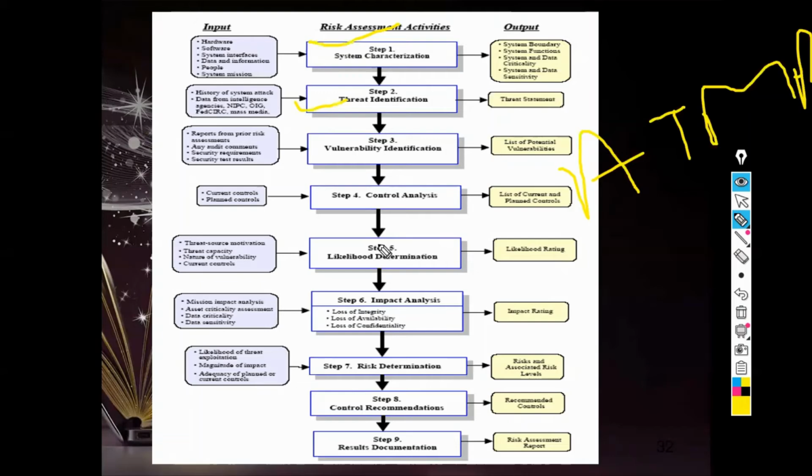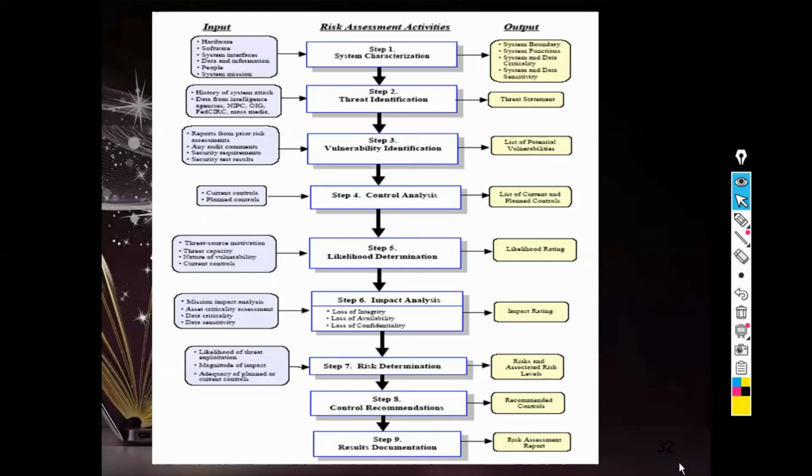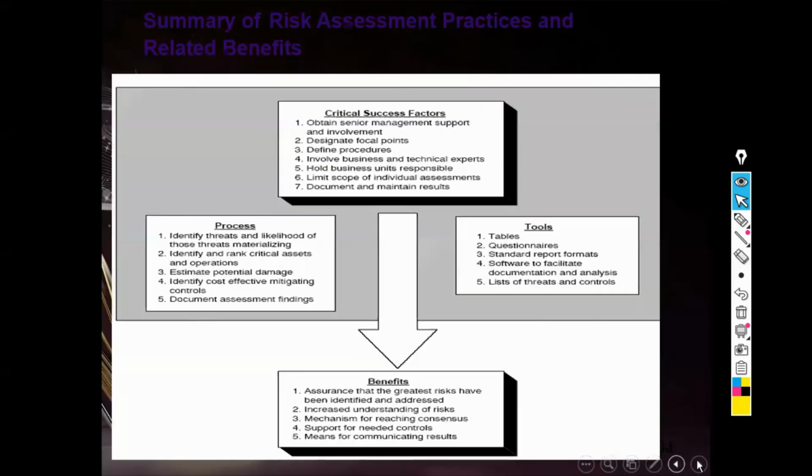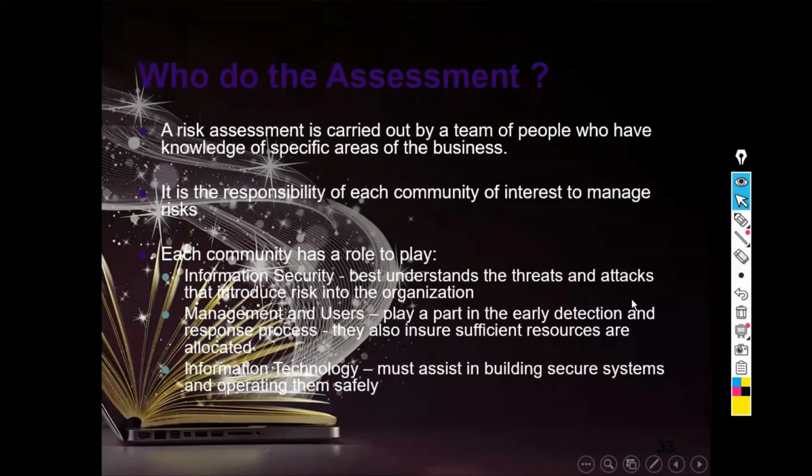Then we need to go for likelihood or impact, then risk determination, then control, and we will document the result. So this would be the total or overall risk assessment activity. Now, the major question is: who would do the risk assessment?